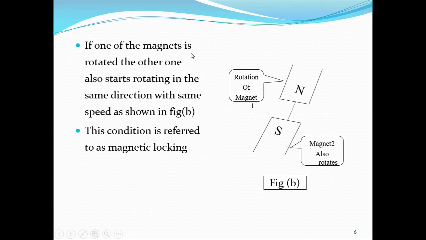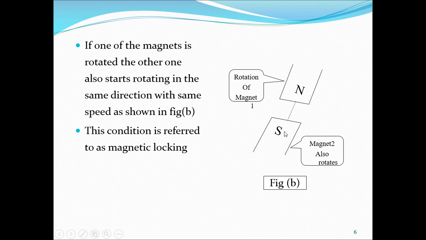If one magnet is rotated, the other one also starts rotating. Why? Because these two are magnetically locked. This is the magnetic pole produced by the stator, and this one is the rotor pole. The stator magnetic poles are rotating with synchronous speed.